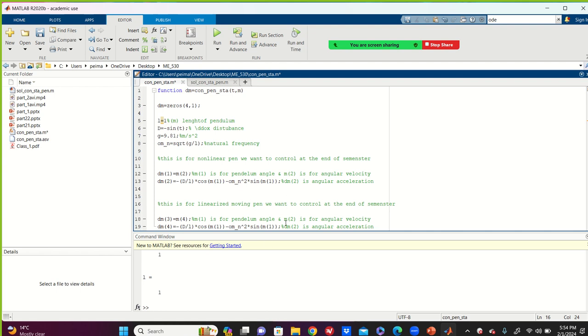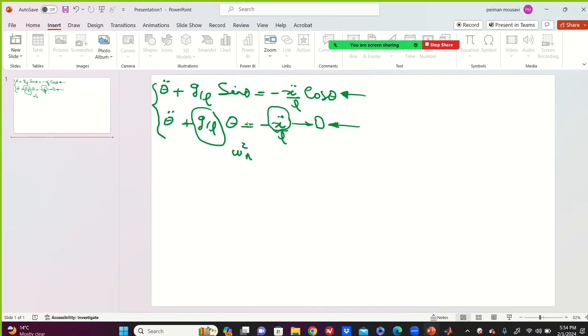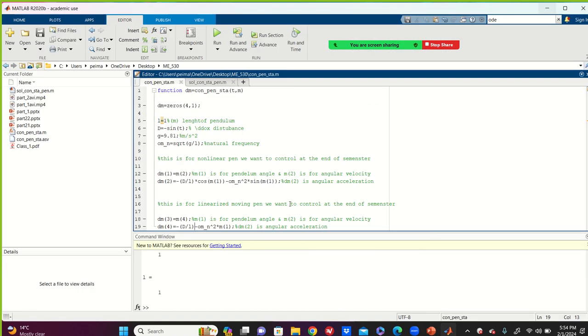So what we're gonna do, I remove the sine, right, everybody? Because we linearized, and cosine is 1. Here we go. See? Here is x double dot over L, and here is theta, or M1. Everybody clear? And here this is M3, because your new variable is M3.